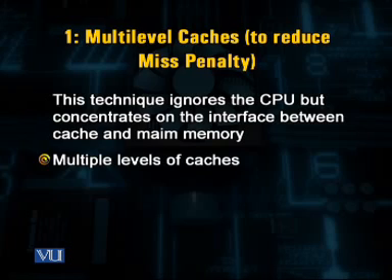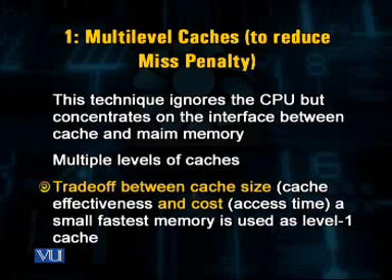Here, based on the trade-offs between the cache size, that is the cache effectiveness, and the cache cost, that is the access time, a small, fast memory is used as level 1 cache. Although the concept of adding another level of cache in the hierarchy is simple, it complicates the performance analysis.